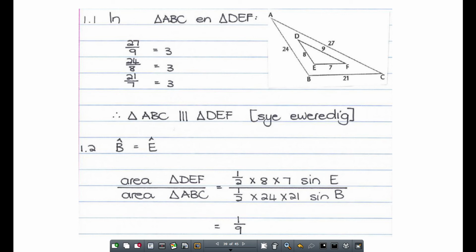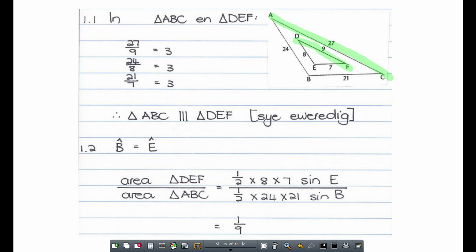Okay, now yesterday I told you guys what I do is I first go take the longest side. Okay, so die langste sy van my groot driehoek is daai AC. Kan julle nie dit sien nie? AC, which is 27. And the longest side at the small triangle was the 9.